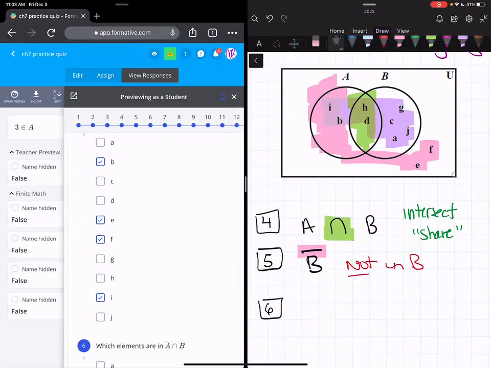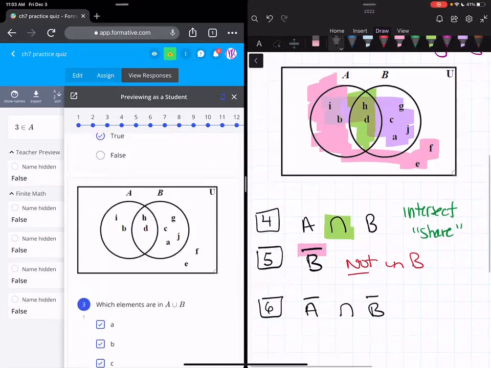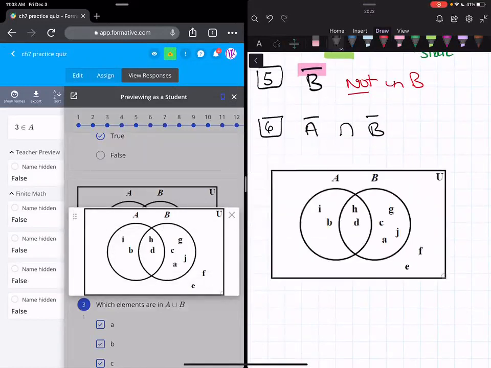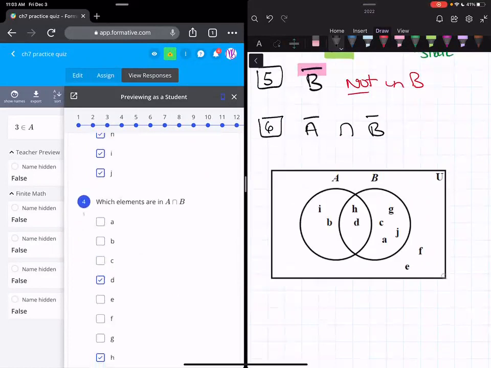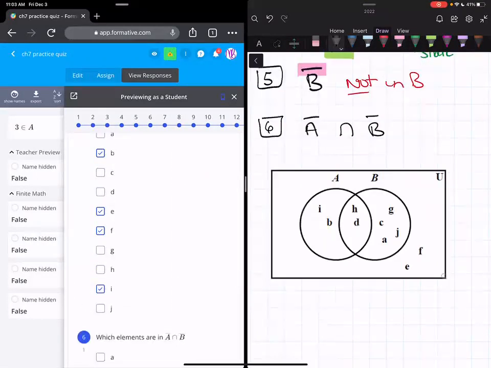6. Let me get a new copy of the picture. So 6 says line above A, which means what again?